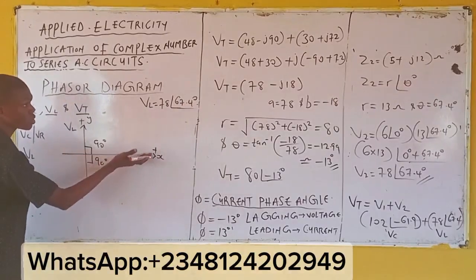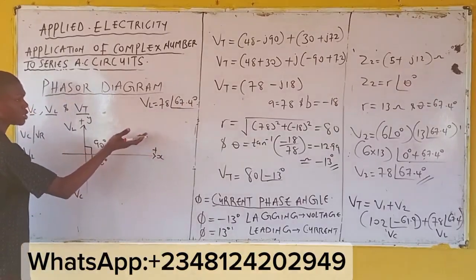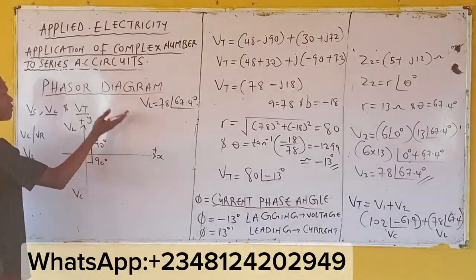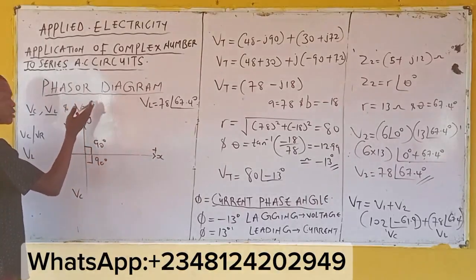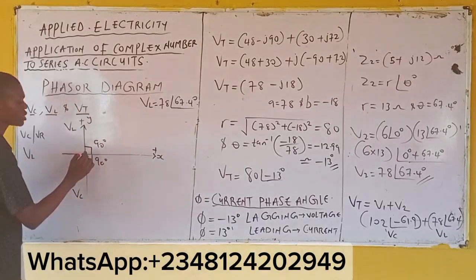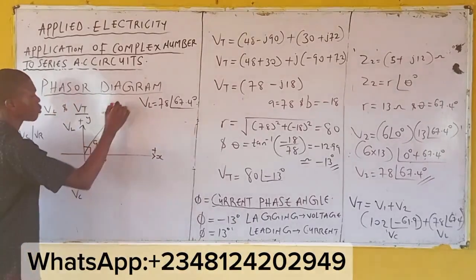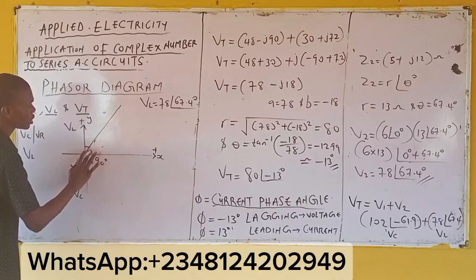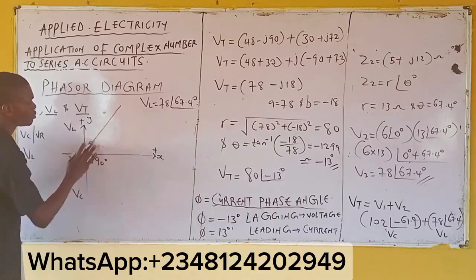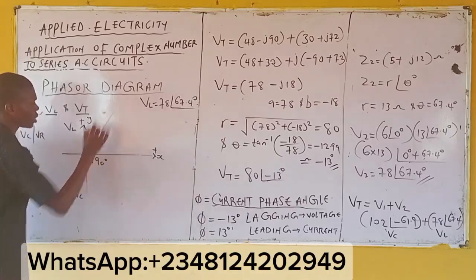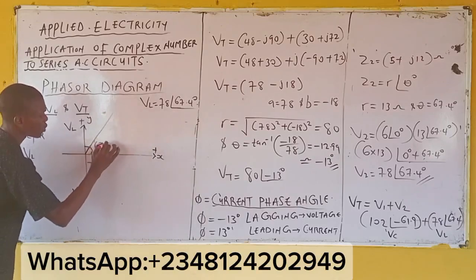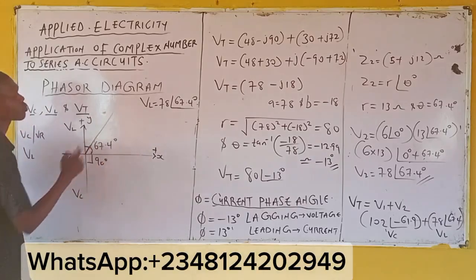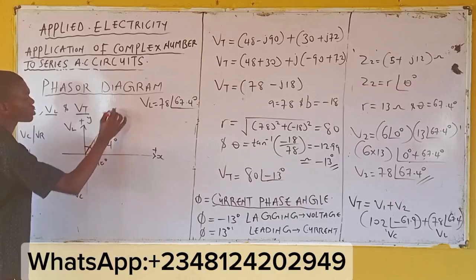This is 0, 15, 30, 45, 60, 75, then 90. So let's say you have 67.4 degree.